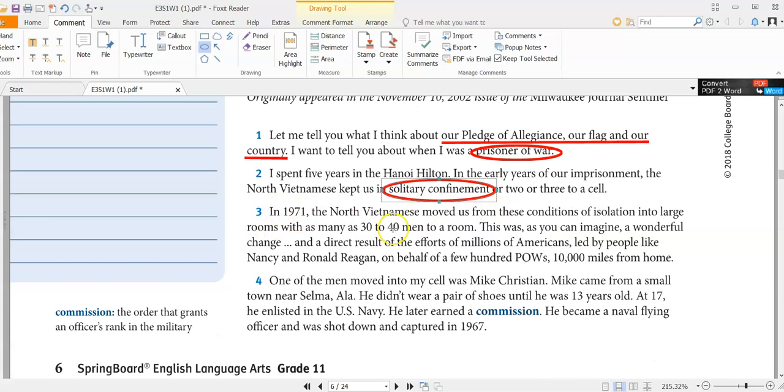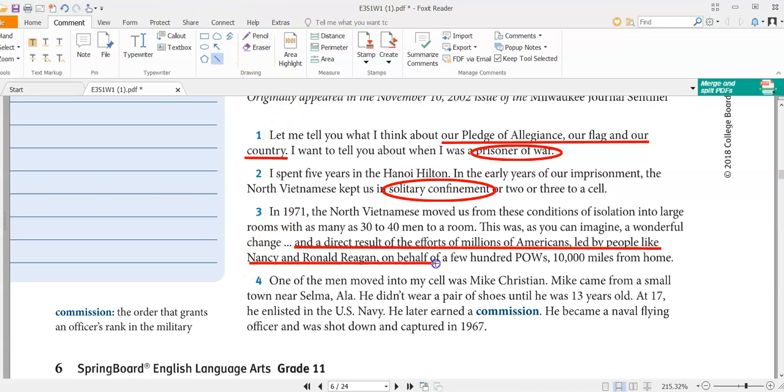Then it says that they were moved to a room with many more people in it, and it was a wonderful change. And then he says it's a direct result of the efforts of millions of Americans, led by people like Nancy and Ronald Reagan on behalf of a few hundred POWs 10,000 miles from home.